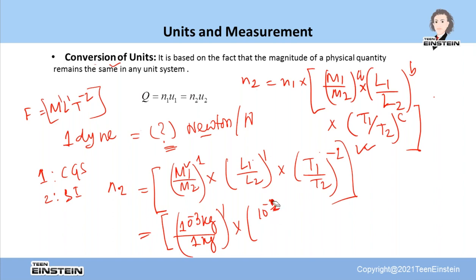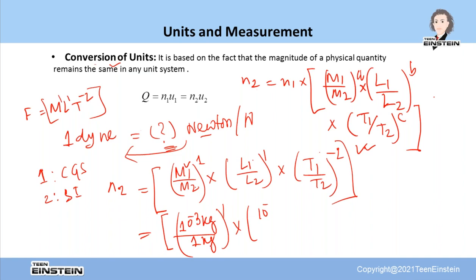Here you might be thinking, sir, when I take this ratio, which unit to take? I'll tell you in which unit system you are going. You have to convert the quantity to that unit. Instead of writing 1 gram in the numerator, I should have written 1 kg in the denominator if I had been given the opposite.